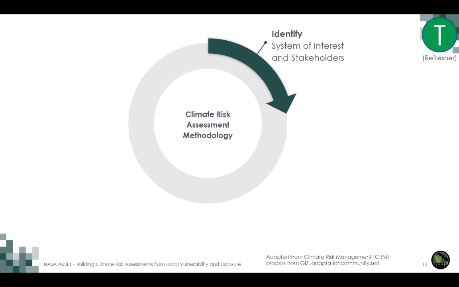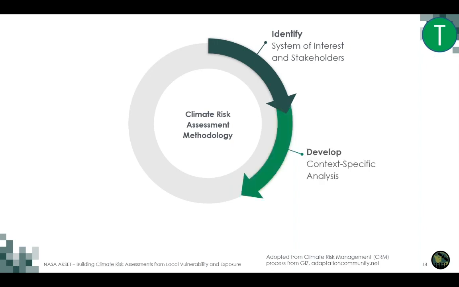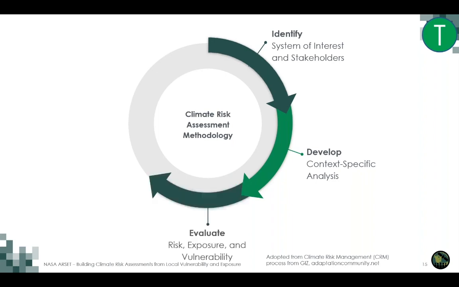The first phase is the identify phase, where we identify the system of interest and the stakeholders and their roles in decision making. The develop phase helps us ensure that our climate information is sensitive to the specific context of the systems and the assets that are at risk, and helps us understand how we can place our climate information into the specific setting of decision making.